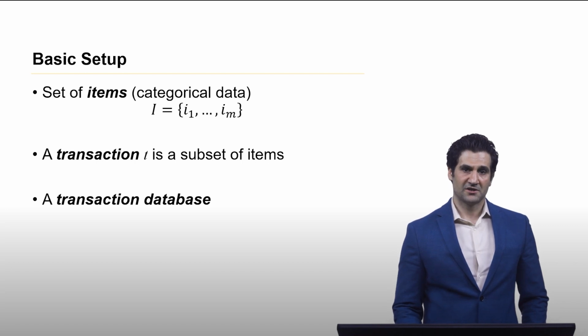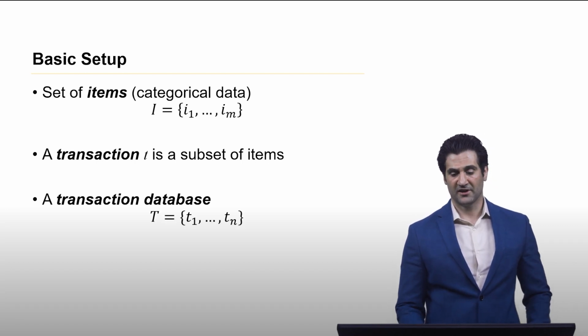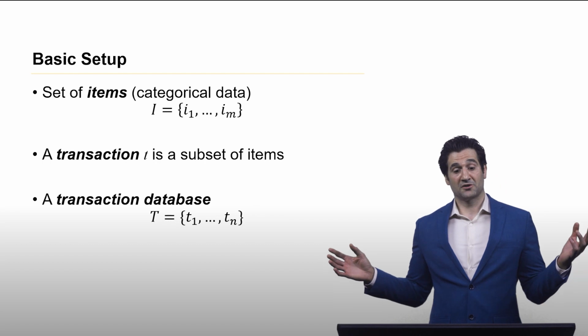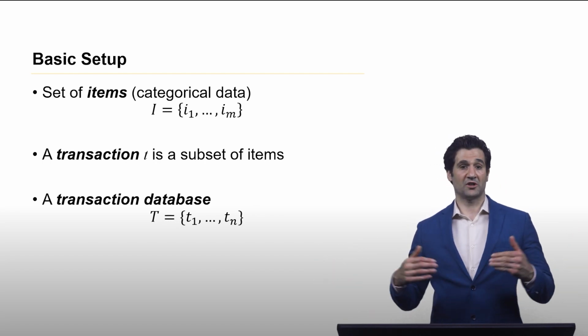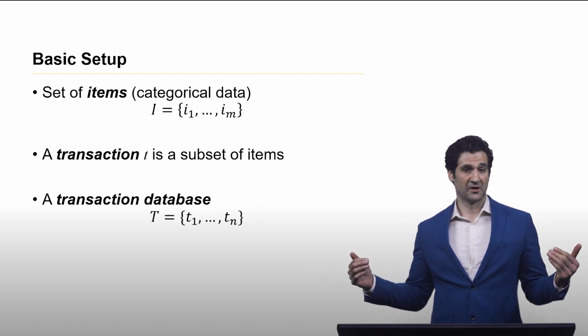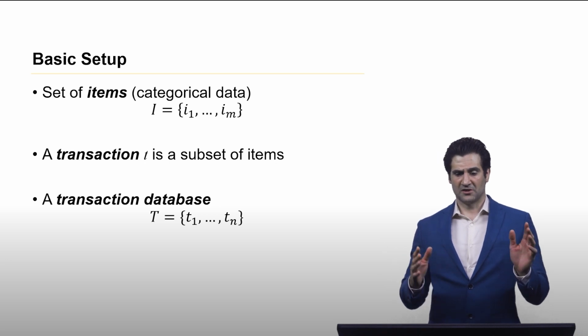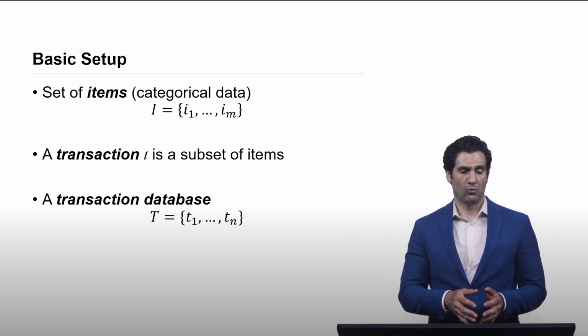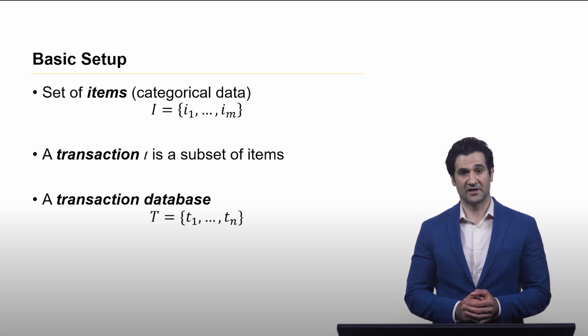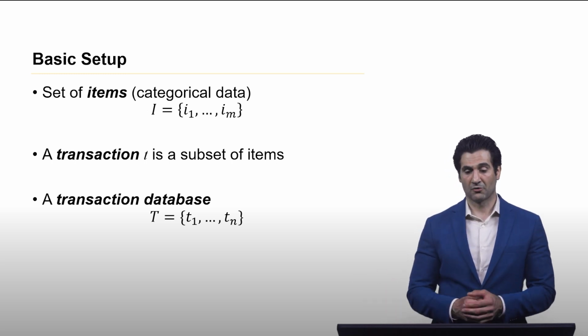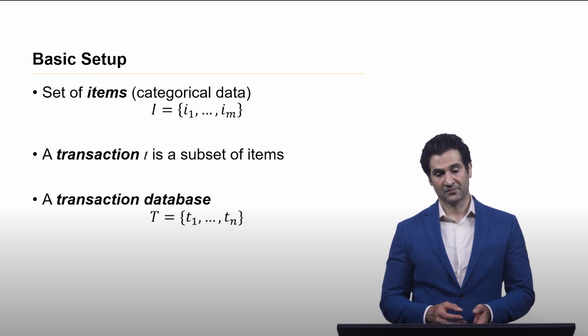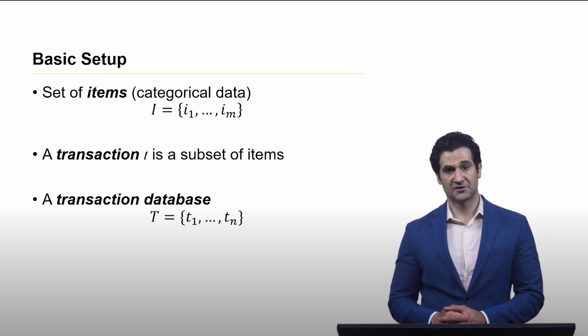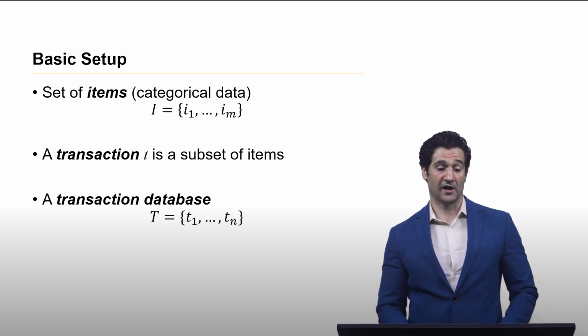And a transaction database, you can think of as a large tabular database where each row is a transaction and each column is an individual item, and the column gets a 1 if that item is in that transaction and a 0 otherwise. Or we can use set notation like here, and we have a series of subsets of items, T1 through TN.